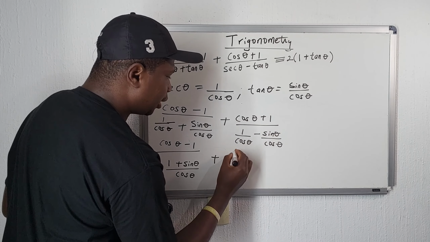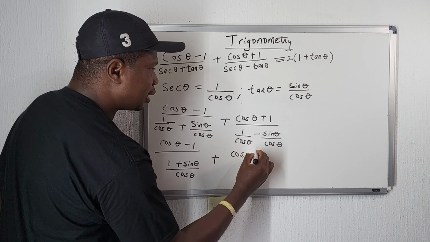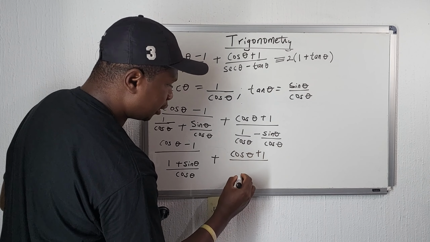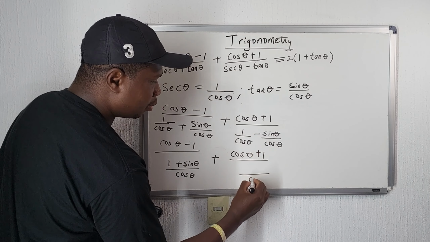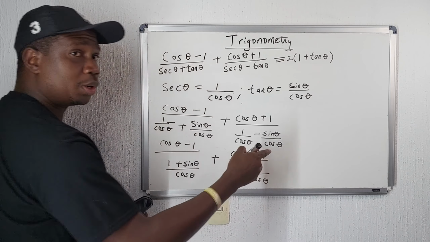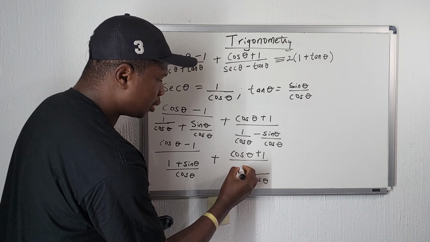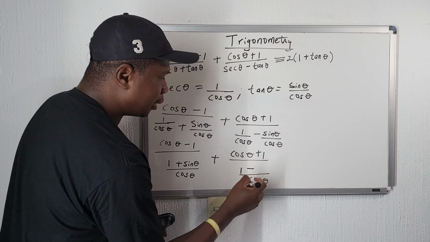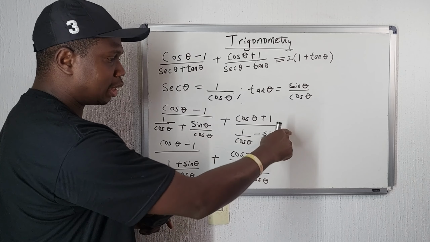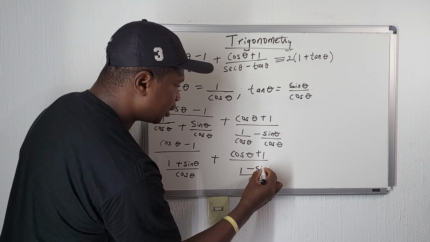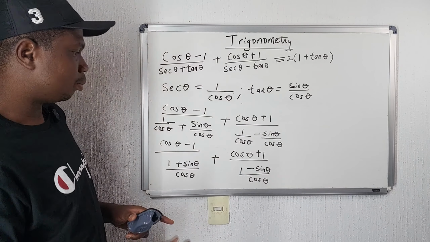I'll do the same thing here, cos theta plus 1 over, taking the LCM, the lowest common multiple, which is cos theta. Then cos theta and cos theta is 1, times 1 is 1, minus cos theta divided by cos theta is 1 times sin theta. We're going to have sin theta.